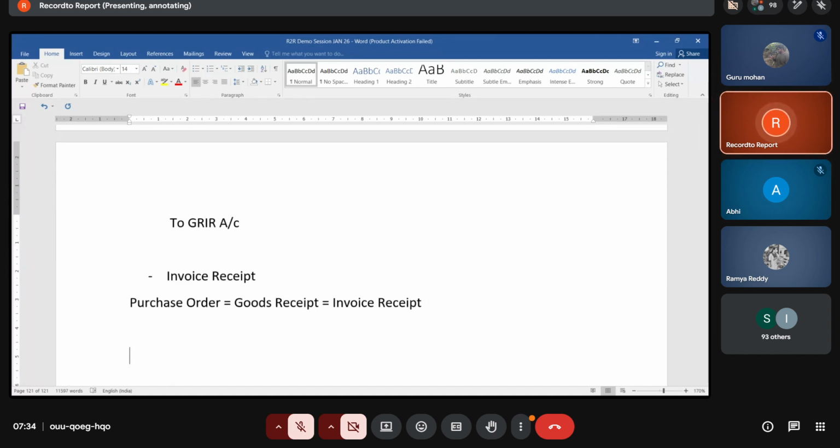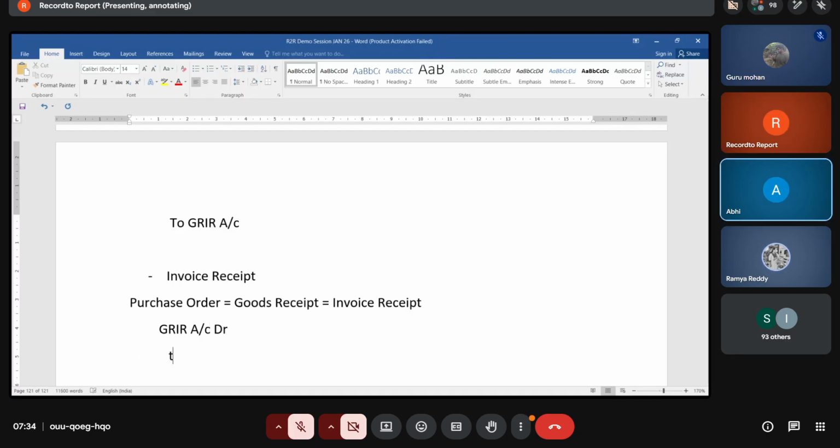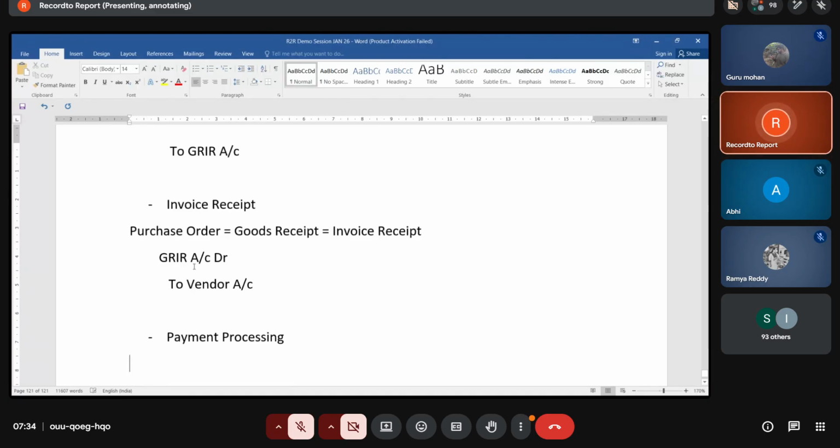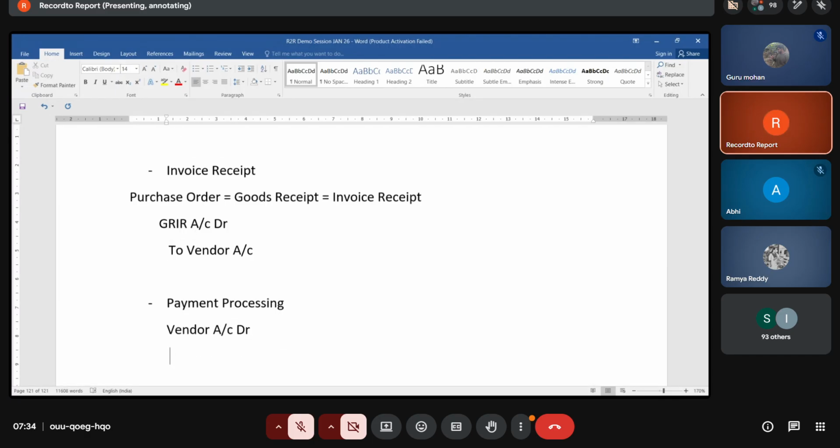The entry is GRIR account debit to vendor account. The next stage is payment processing. While making the payment, the entry is vendor account debit to bank account. These are the three entries to be remembered.